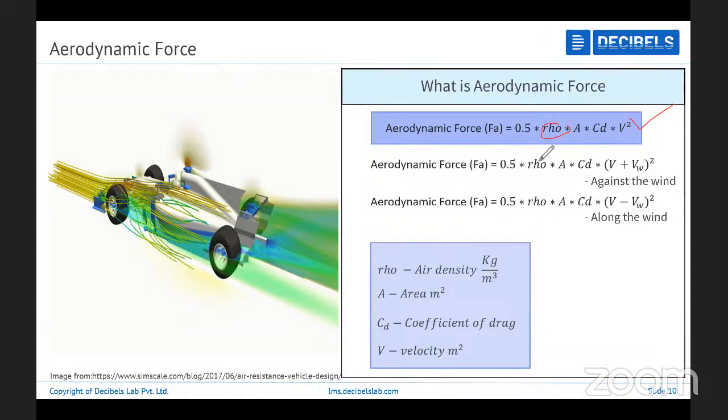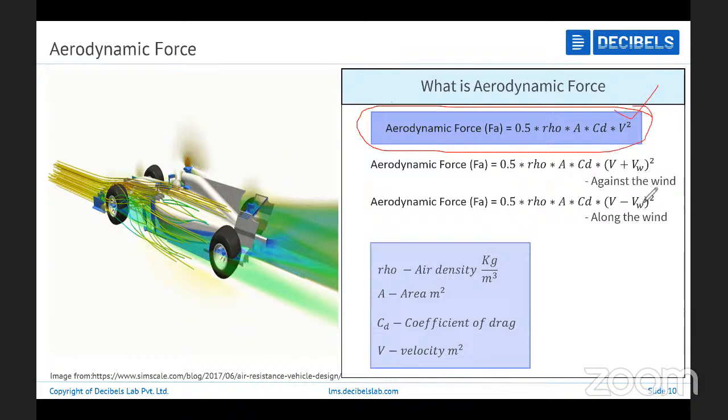Rho is your air density, A is the area, Cd is the coefficient of drag, and v is velocity, which is squared. Let me clarify: all the components are directly proportional. If any one of the components increases, obviously the aerodynamic force is going to be affected. For our calculation, we'll be using this particular equation as a generic one.